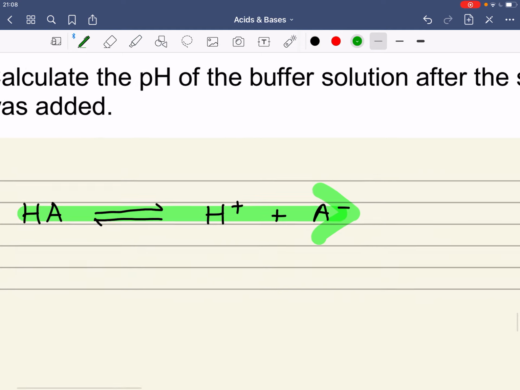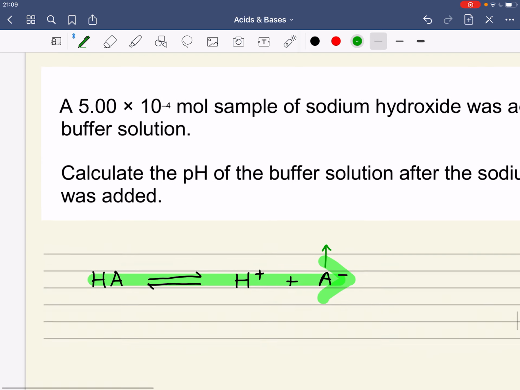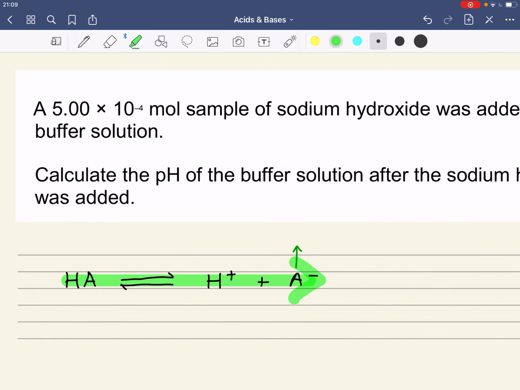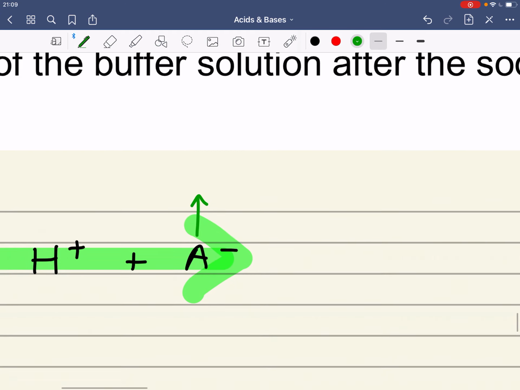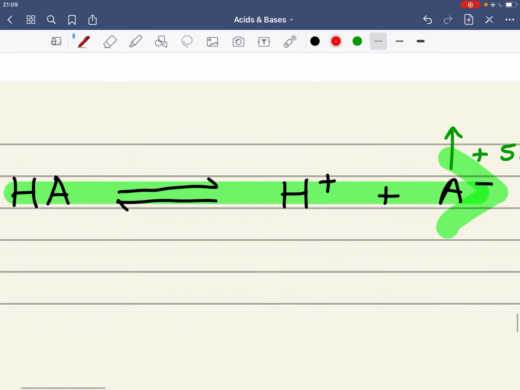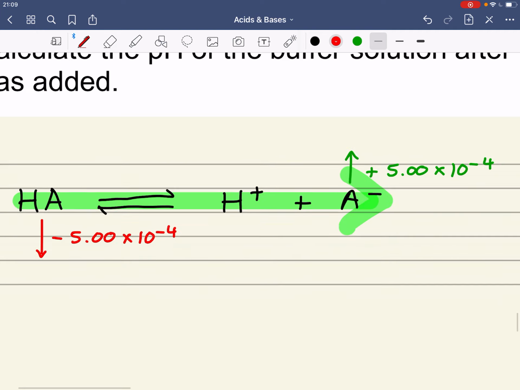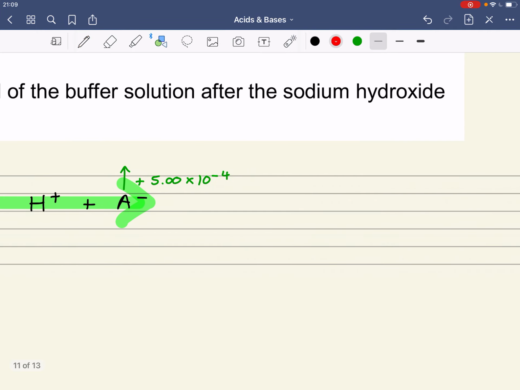This means that your A minus concentration now will increase by the amount of sodium hydroxide added, which we said is 5 times 10 to the minus 4. So this will increase by 5 times 10 to the minus 4, and therefore the HA will decrease by 5 times 10 to the minus 4. So let's have a look at my initial moles.